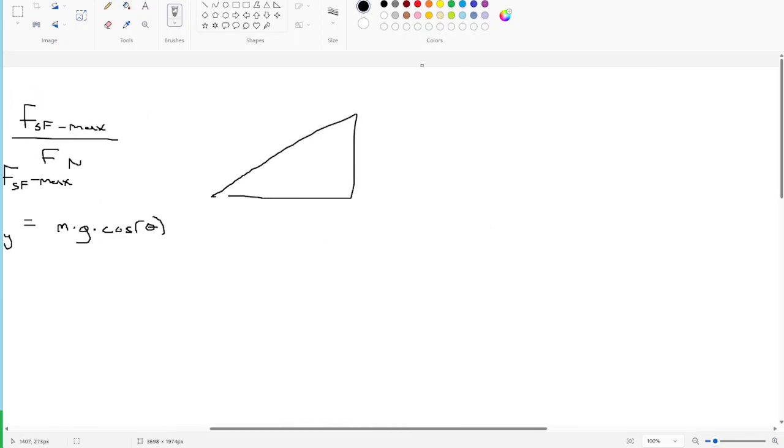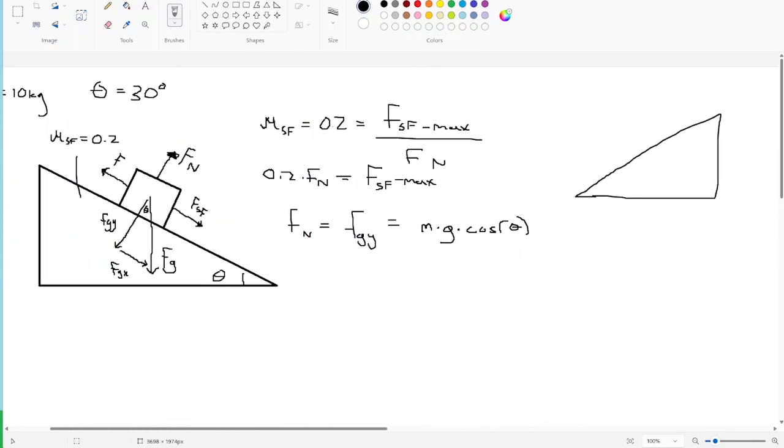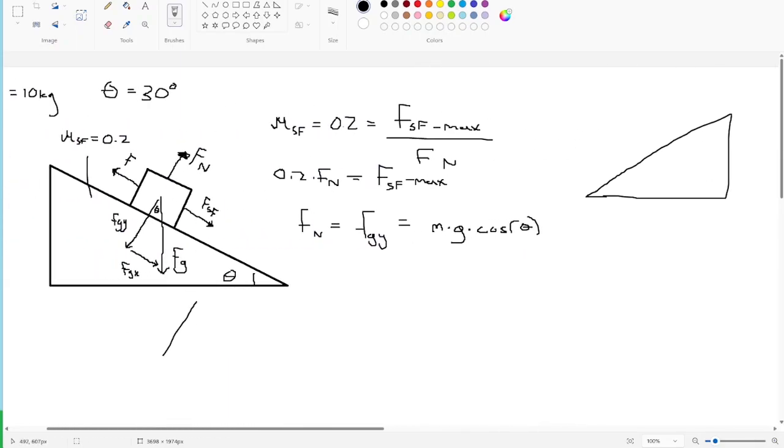Draw a triangle here. I'm going to rotate this triangle, which is this one, into this one right here. So I'm just rotating it, if you can imagine that. So this part is going to be FGY, and this is going to be FGX. This long component is going to be force of gravity, and this is going to be an angle right here.